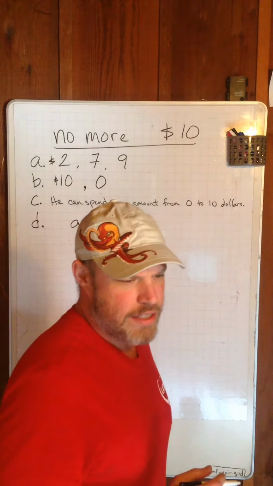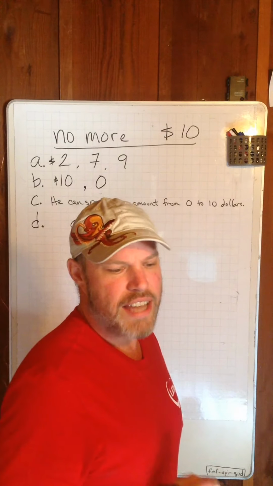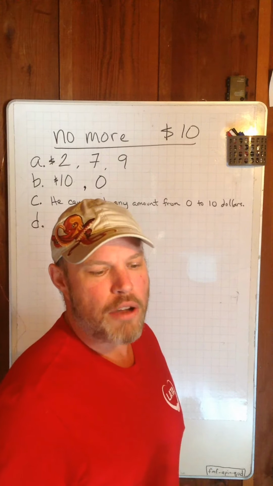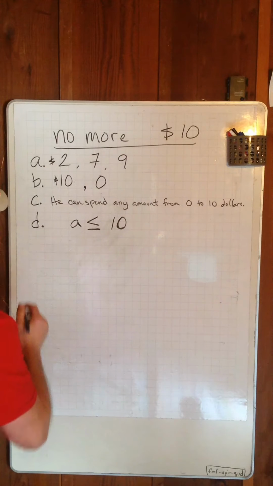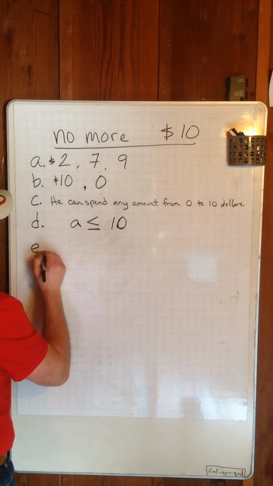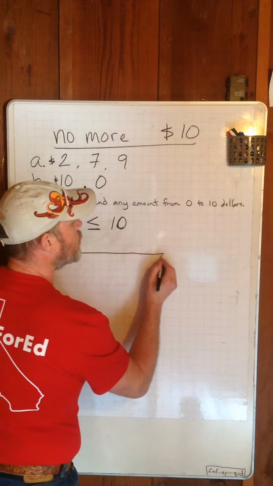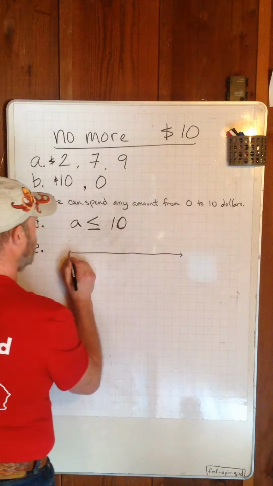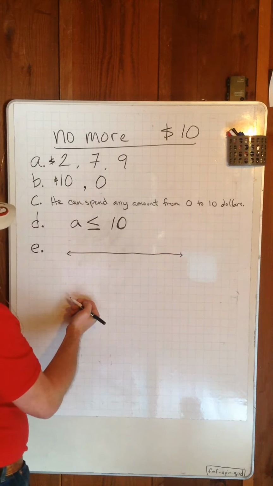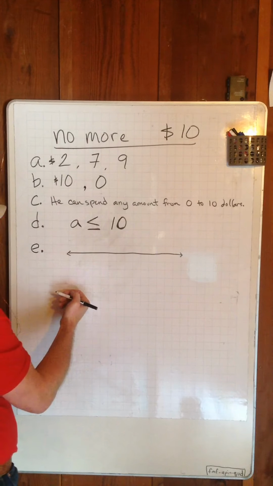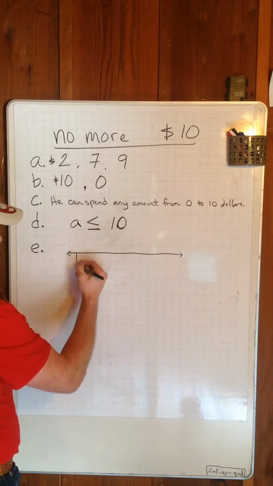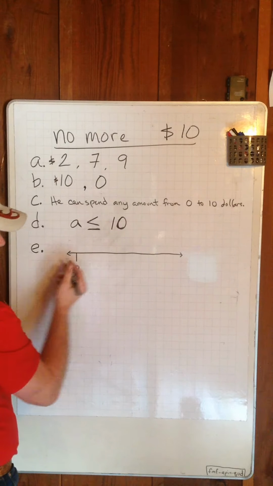Let's look at E. It says create a number line diagram to represent the amount Taylon can spend at the arcade. Okay, so a number line. We know how to make number lines. So here's our number line. And we said our bottom amount was 0, so let's just put a 0 right here, because he's not going to go this way.